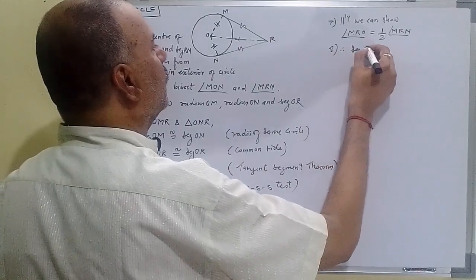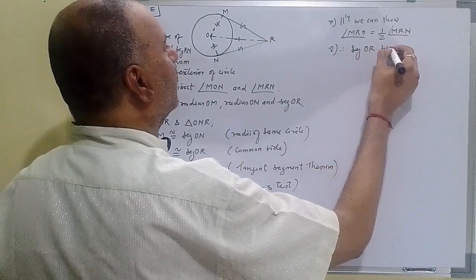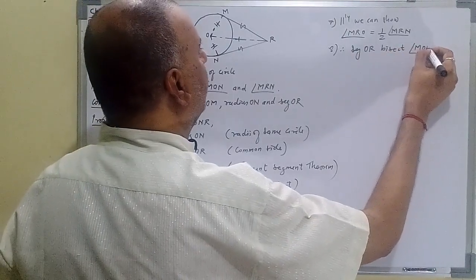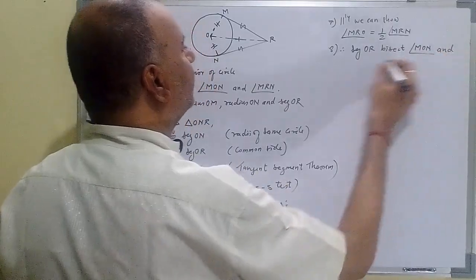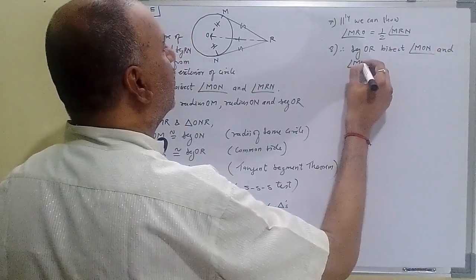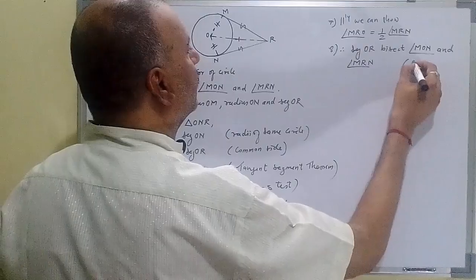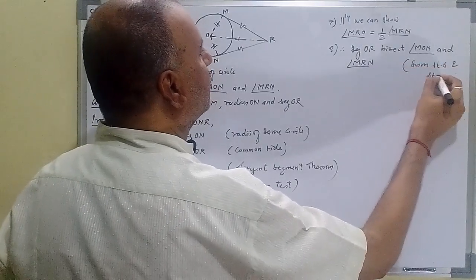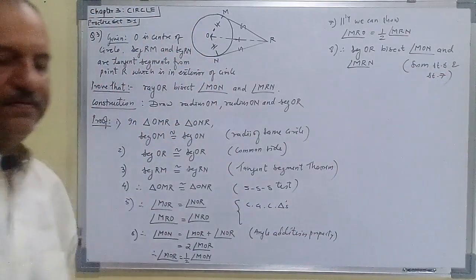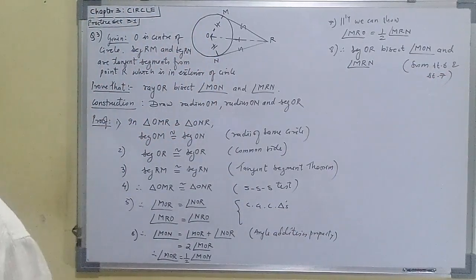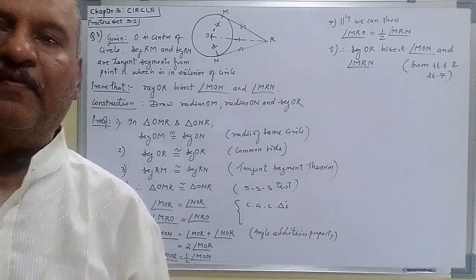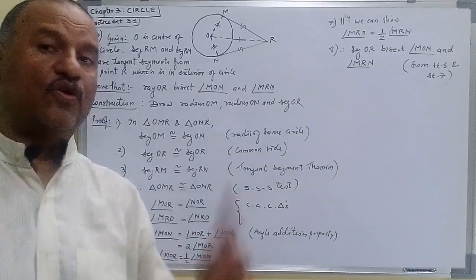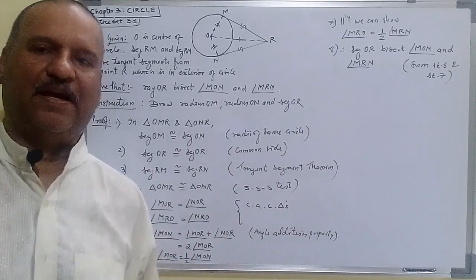Therefore, seg OR bisects angle MON and angle MRN, from statement 6 and statement 7. With that we complete practice set 3.1. Question number 4 we did earlier at the start. Okay.